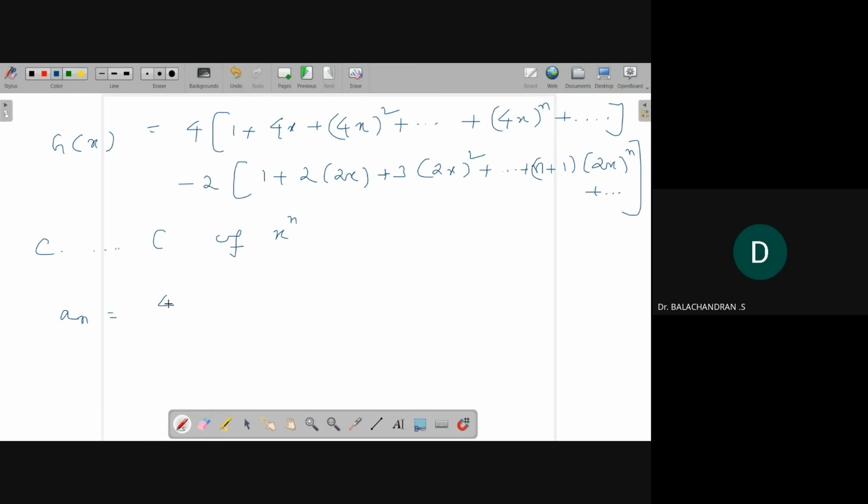So 4 into 4 power n, minus 2 into n plus 1 into 2 power n. So a n is what? Final answer, a n is equal to 4 power n plus 1 minus n plus 1 into 2 power n plus 1. So this is the final answer.